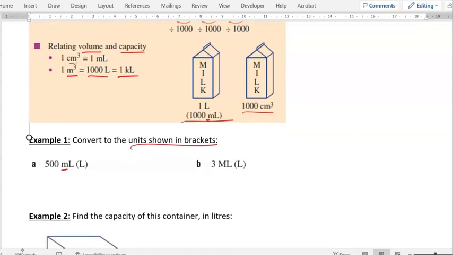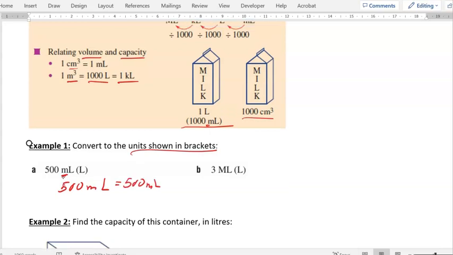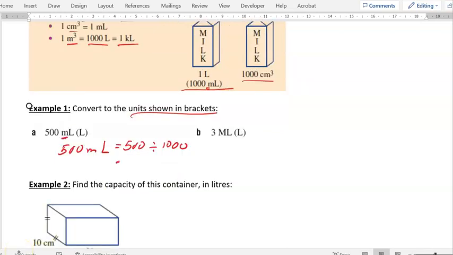So 500 milliliters is equal to 500 divided by 1,000. Look at that. It's actually 5 over 10, which equals a half. So the better way to write that is 0.5, which is equivalent to a half, liters.